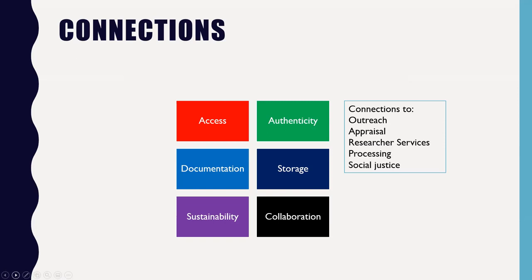Sustainability is a big one. Developing a preservation program and then being able to implement it is a lot of effort, and it can take a lot of resources. Just being able to provide the environment that records need to thrive takes a lot of resources.